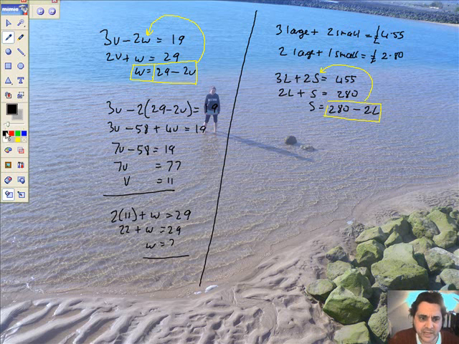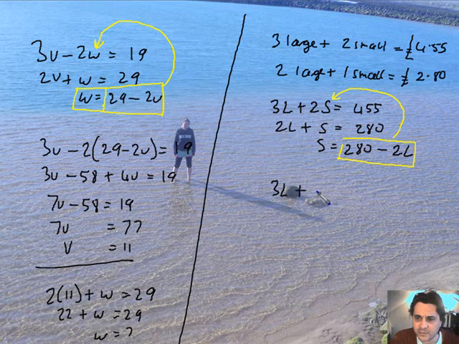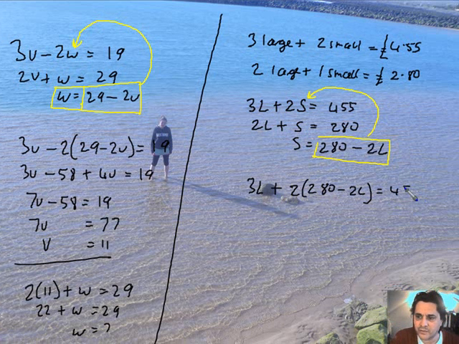Let's just make an equation with L's in it only. So 3 large loaves plus 2 lots of 280 minus 2L equals £4.55 or 455 pennies.